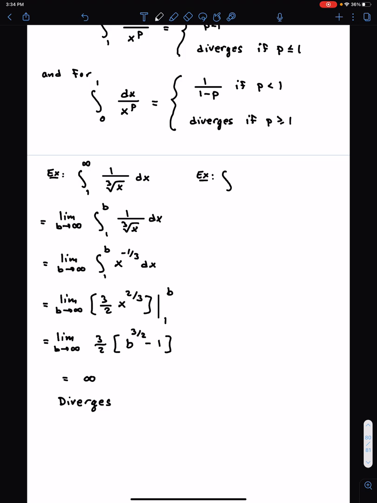If I change the bounds of integration, so 0 to 1 of 1 over cube root x dx.